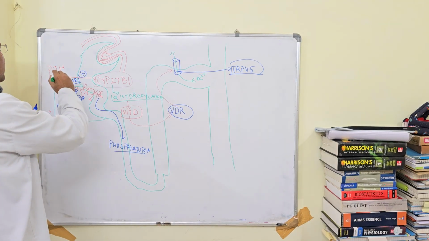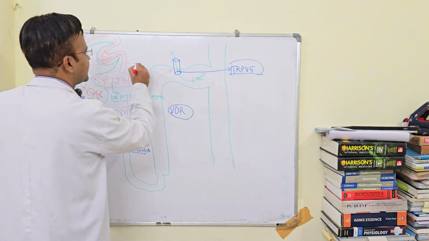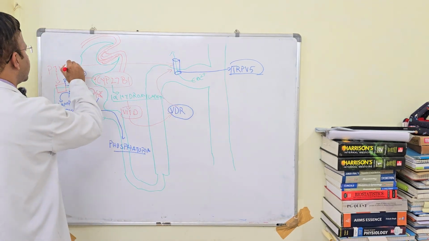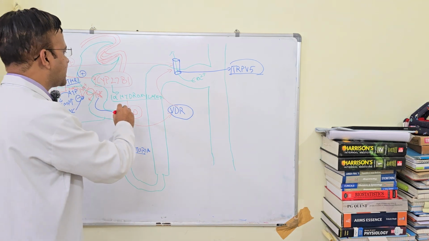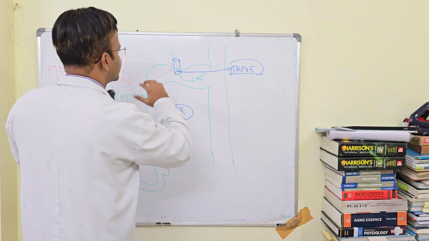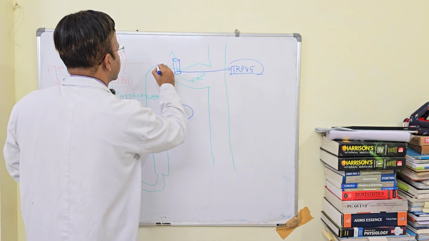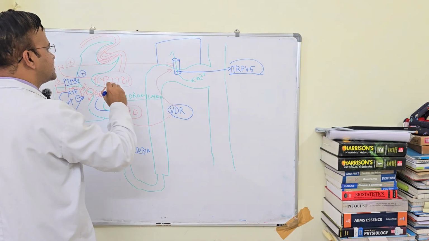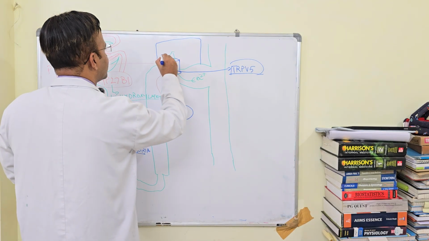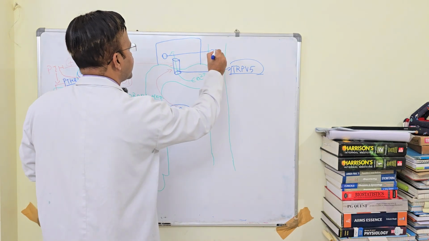This PTH can also directly stimulate the TRPV5 channel. It can also directly stimulate, right? And this vitamin D action of stimulating the TRPV5 channel applies to all the steps of calcium reabsorption. That means it will upregulate your TRPV5 channel. It will also upregulate calbindin, a protein which binds calcium.